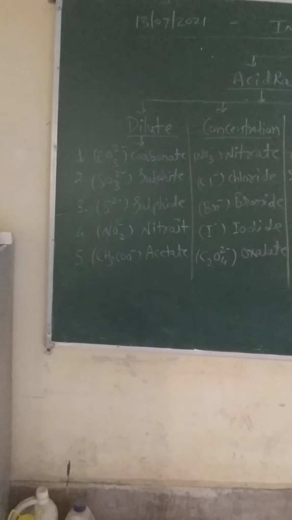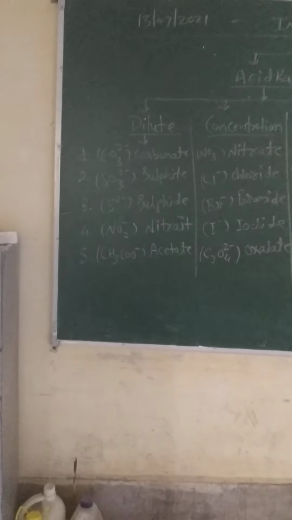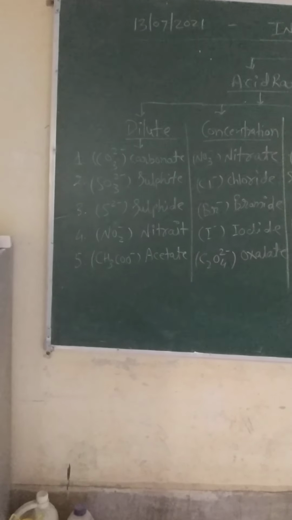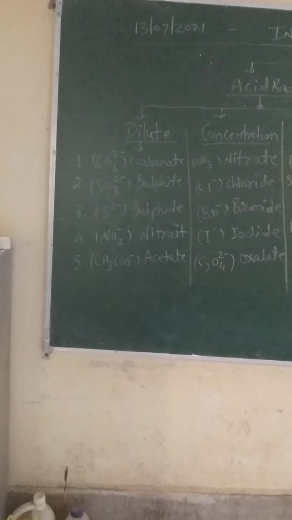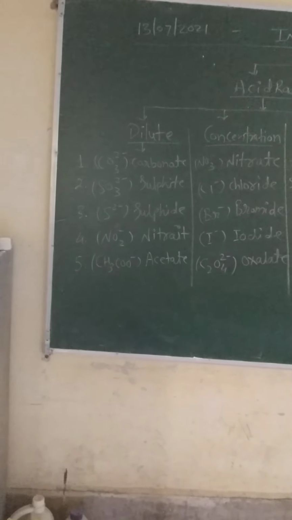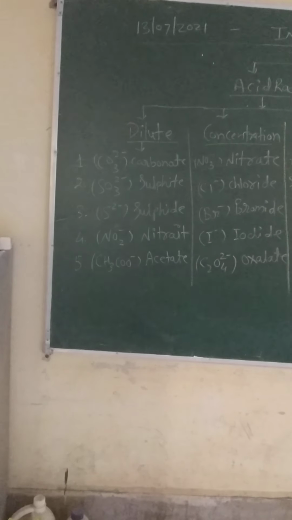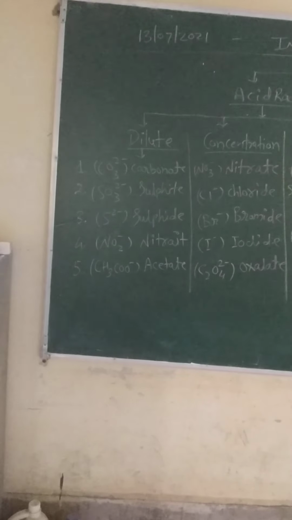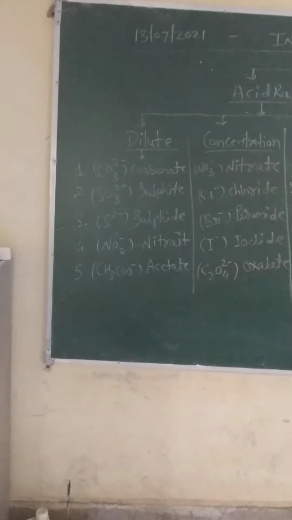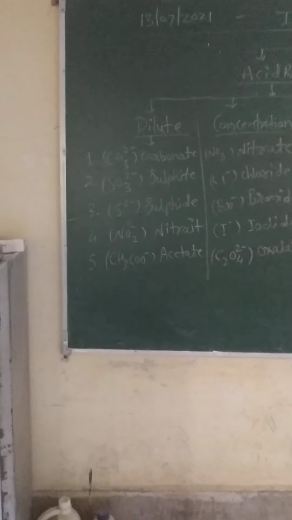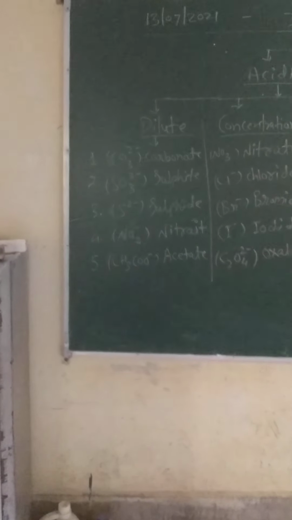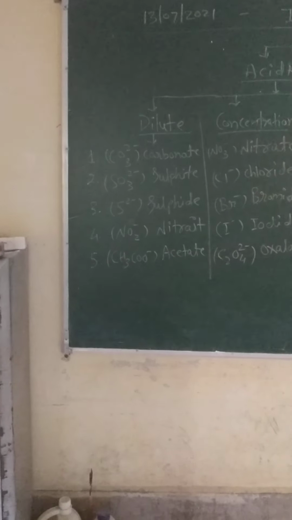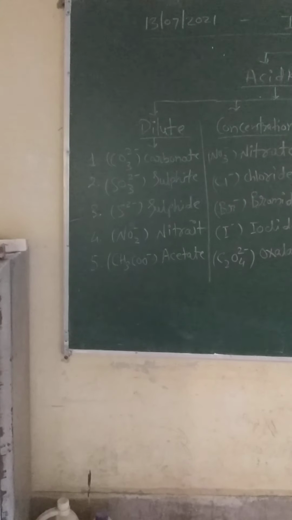In this test tube, add a few drops of the dilute acid to the carbonate powder. Take the powder in the test tube, then add a few drops of the dilute acid to it. Then colorless CO2 gas is released with boiling in your test tube.